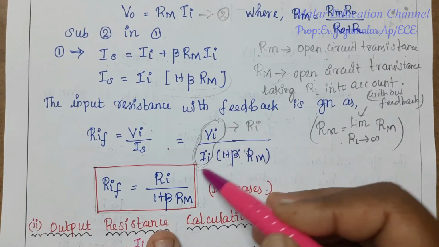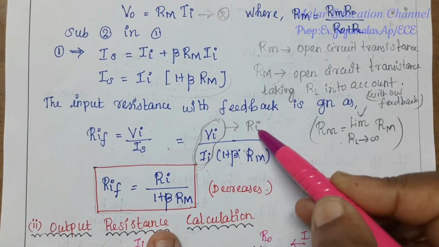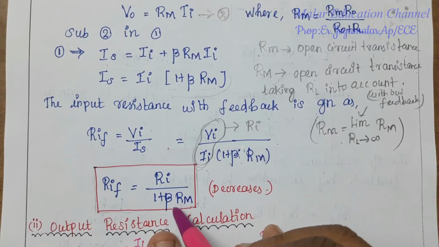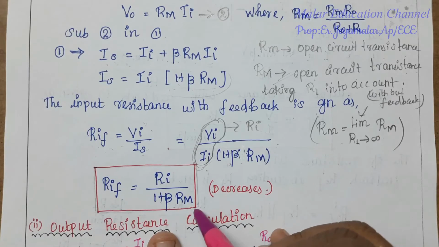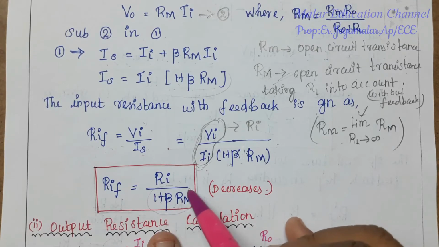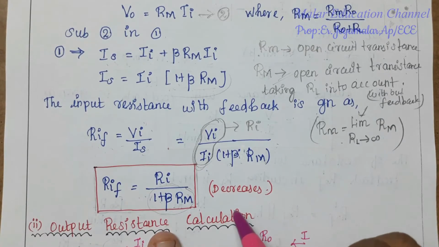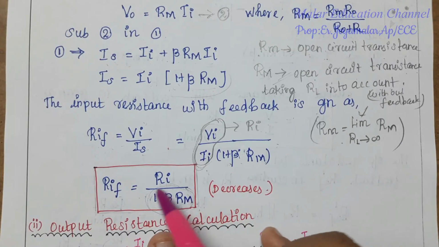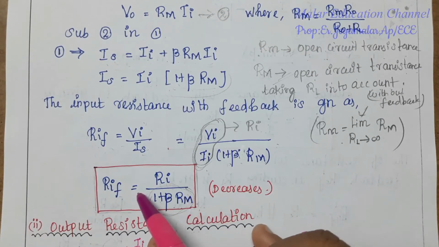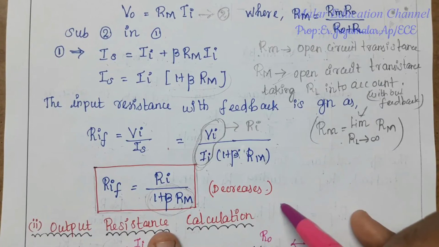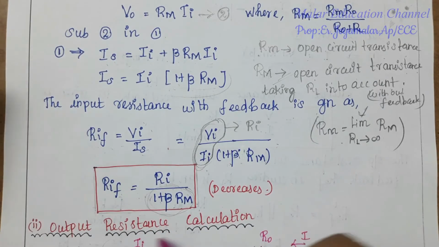So substituting, Rif equal to Ri the whole divided by 1 plus beta into Rm. Here see the beta term in the denominator, that is in the form of division. So division means the input resistance of this circuit decreases, because of the denominator term. So input resistance with feedback decreases.